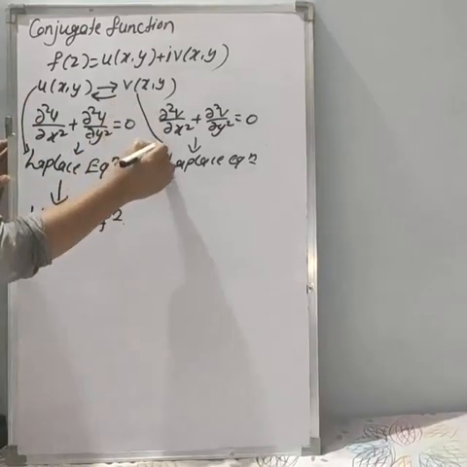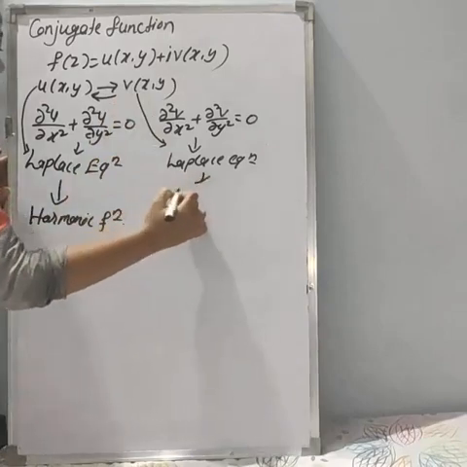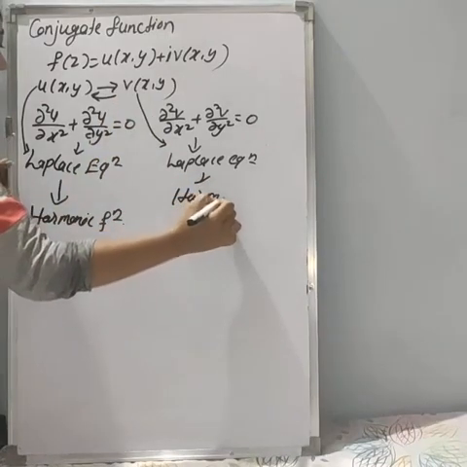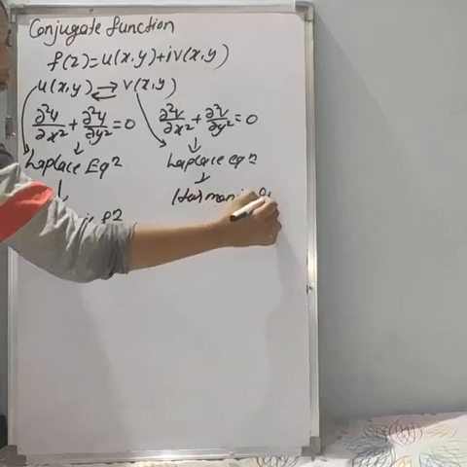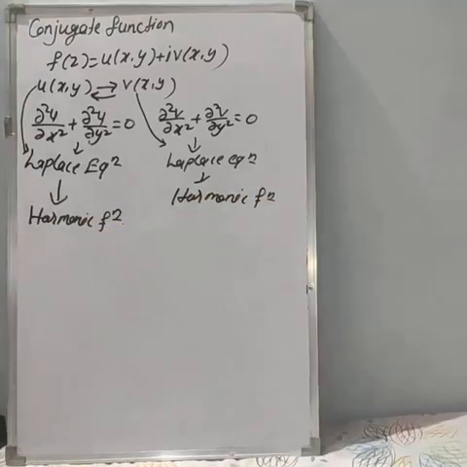Similarly, if v satisfies this Laplace equation, then v is also called a harmonic function. So first we have to consider this equation. Only if this equation is satisfied can we call u a harmonic function, and similarly v a harmonic function.